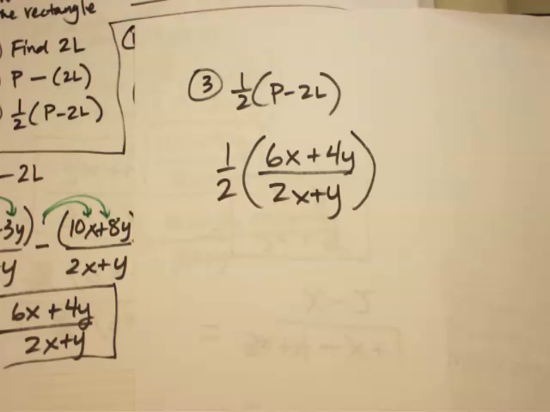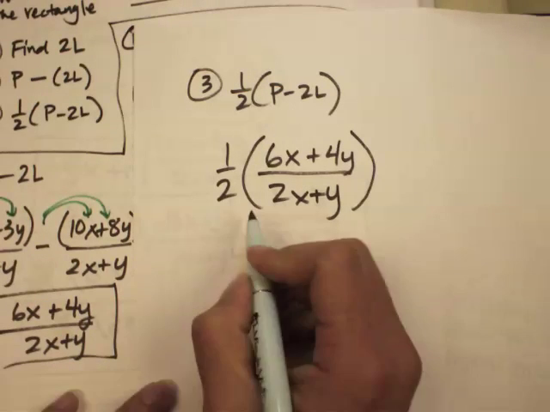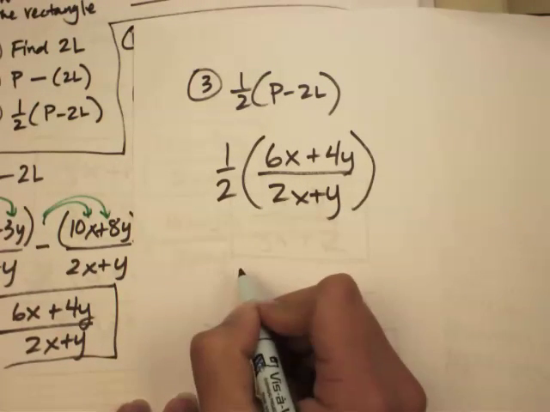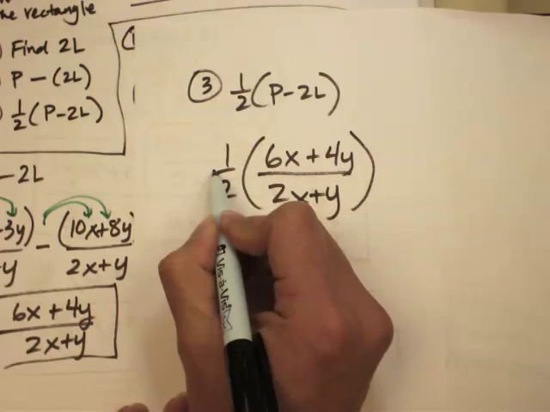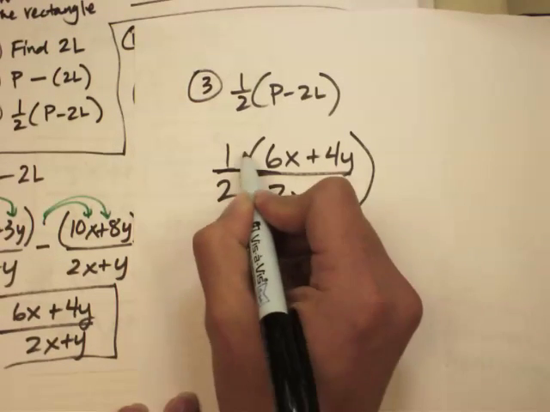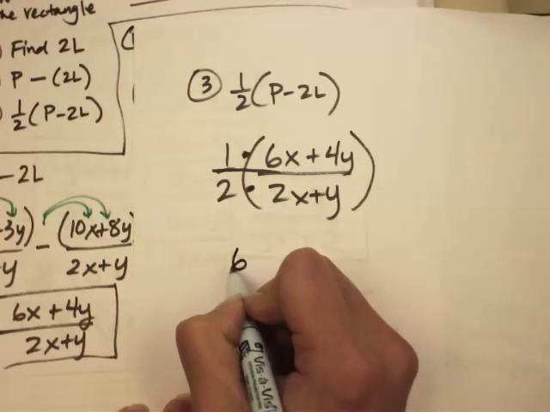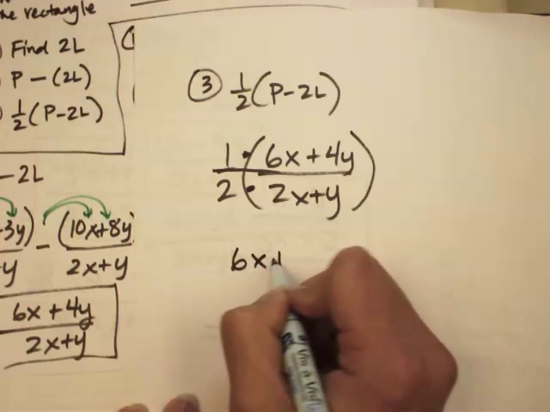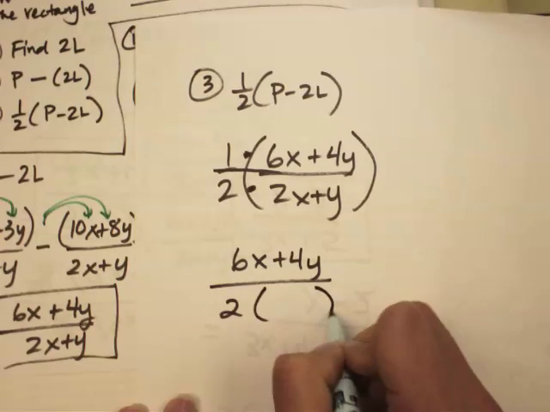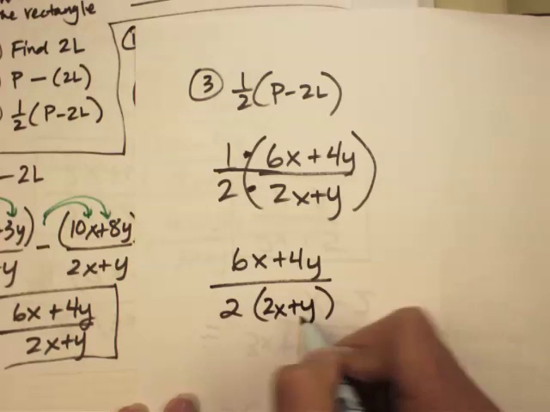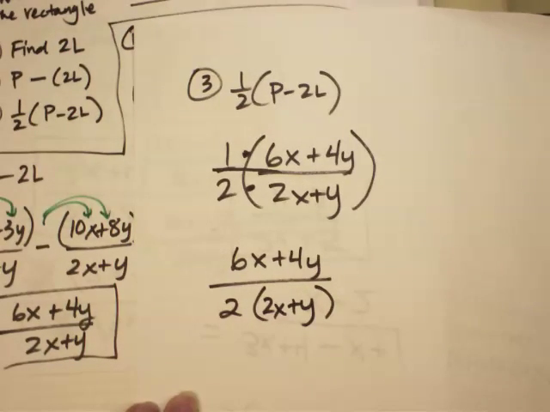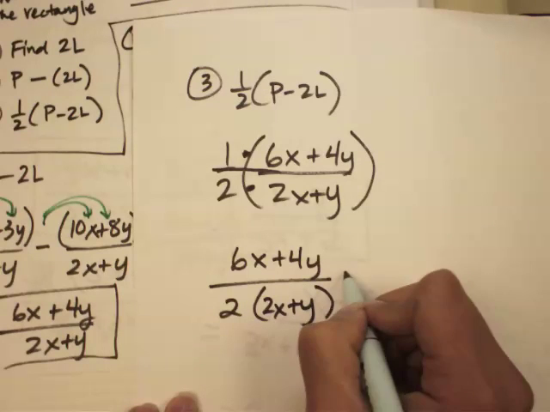Okay, well, we know from previous videos that when we are multiplying, what we're really doing is just extending this out. Okay, so 1 times any number is just that number, so 6x plus 4y all over 2 times, in parentheses, 2x plus y. Okay, we can factor out a GCF here.